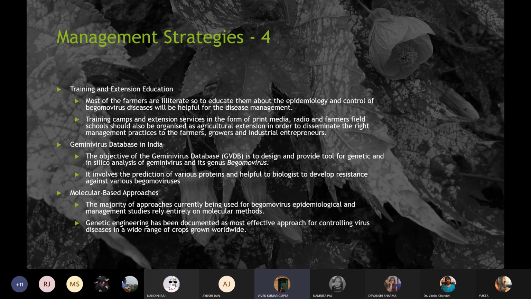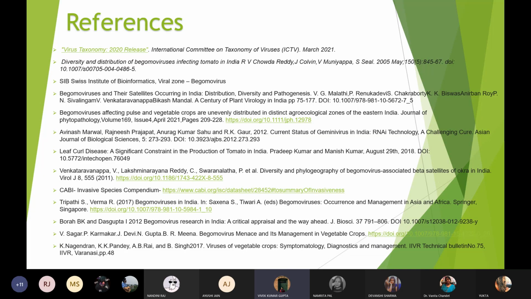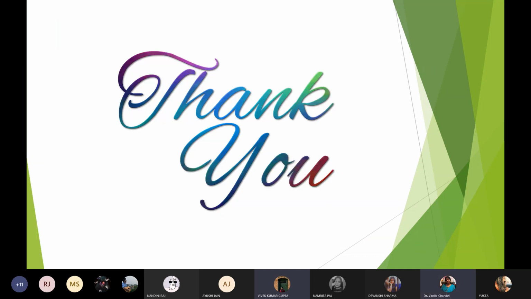It provides a platform for the current status and research on Geminivirus, especially with reference to Begomovirus infection in different plants across India. So basically, these are all of the management strategies that we can use to deal with Begomoviruses. And the next slide, I think, is references. And that's our presentation. Thank you very much.